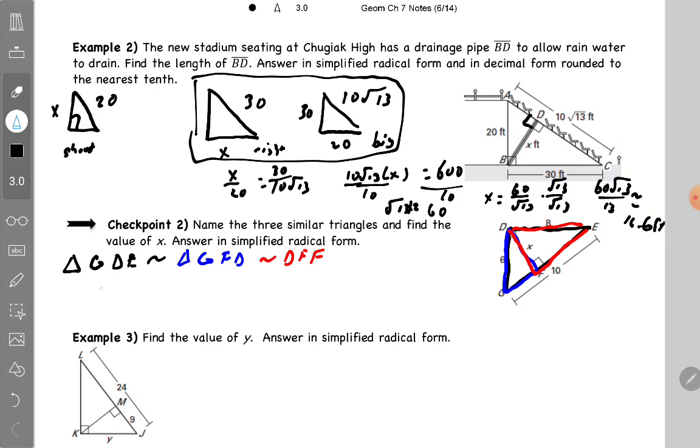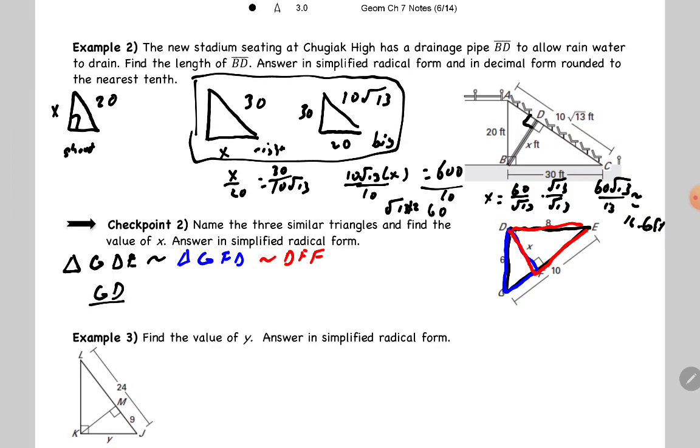So I'm going to compare GD, which is the short side, over GE, equals DF over DE.